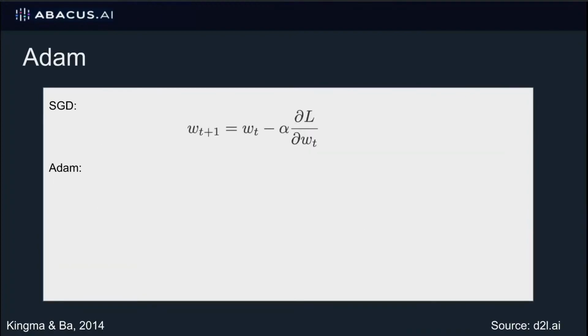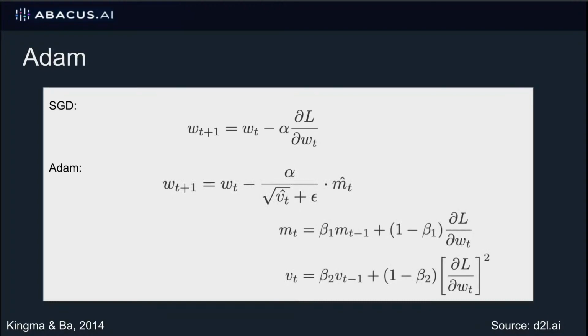Okay, now let's take a closer look at how it's implemented in detail. Essentially, our intuition was correct to combine the first and second moment estimates in the update. And we have two betas to control how much we want to average these two moments, m_t and v_t. The only minor deviation from our intuition is how we handle the moments.